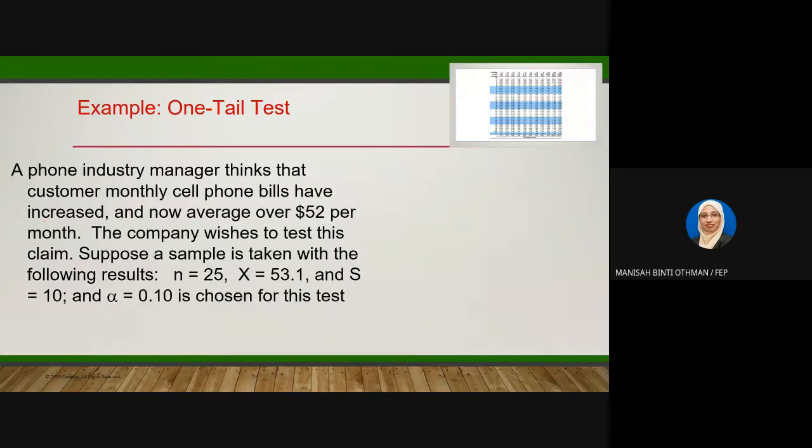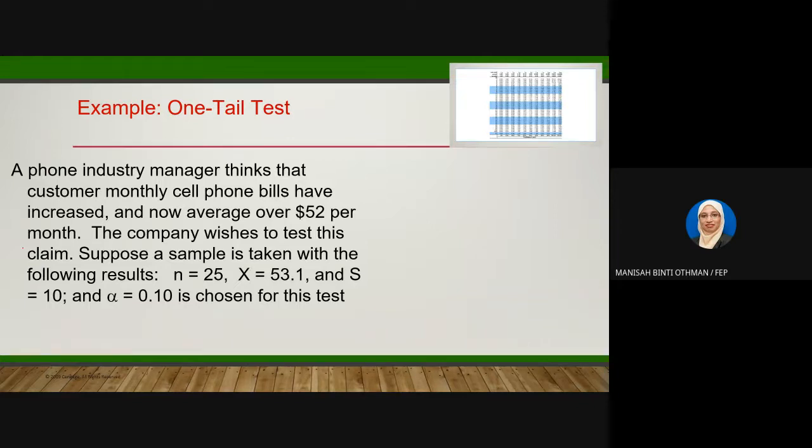Now you do the data collection. The phone industry manager thinks that customer monthly cell phone bills have increased, and the average is now over 52, meaning more than 52 per month. The company wishes to test this claim.